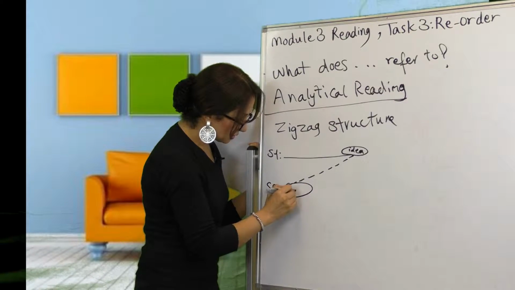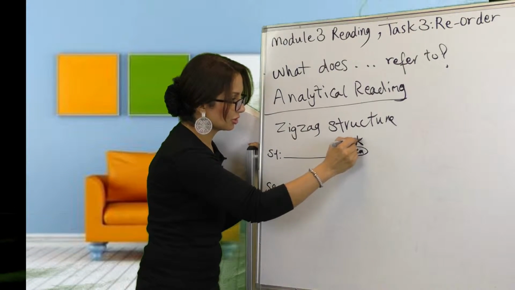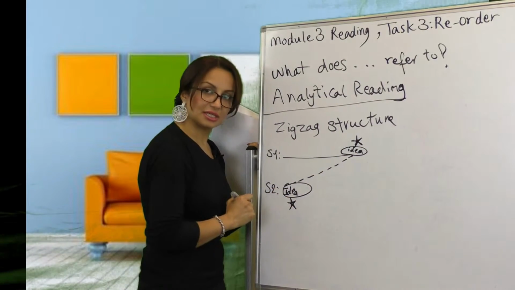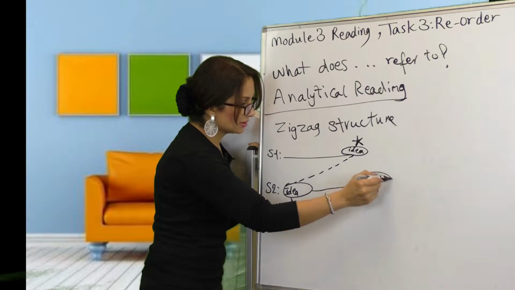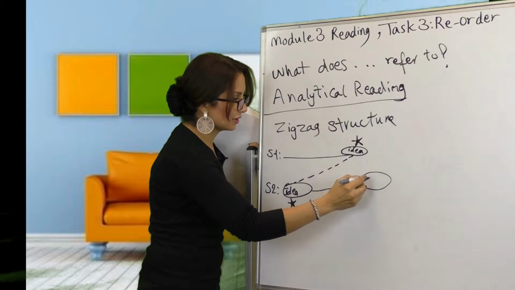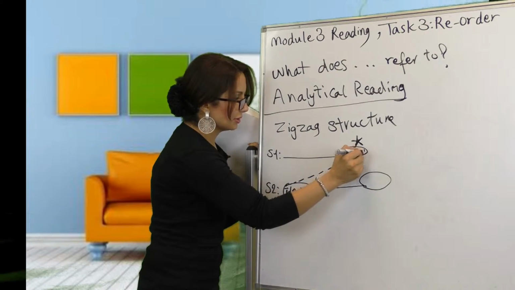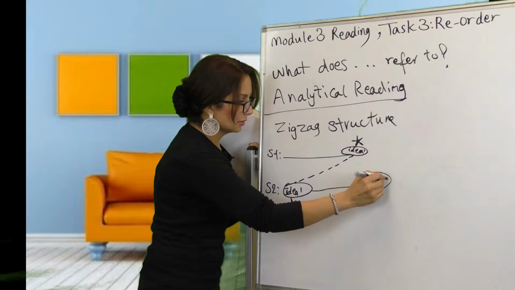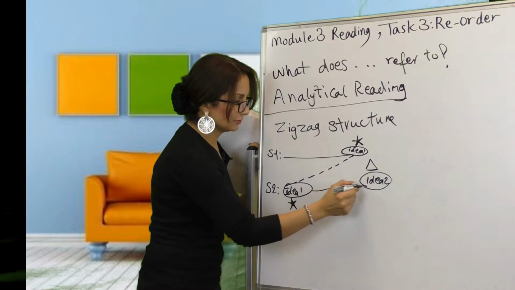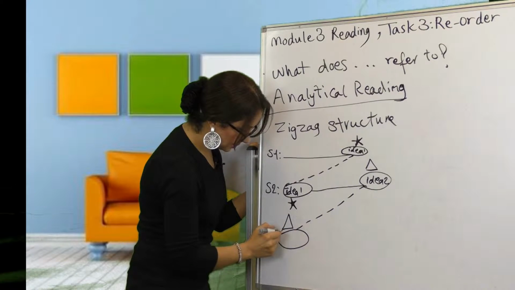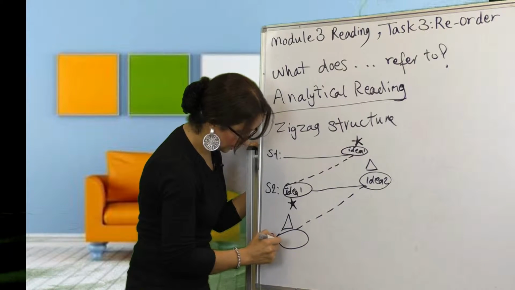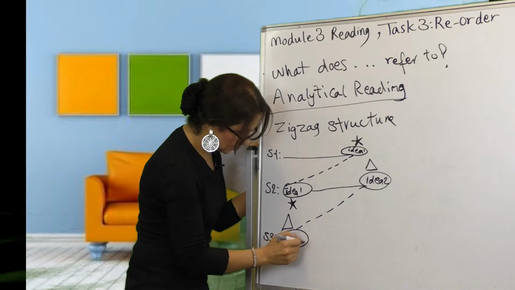Let's say this idea is marked by a star; the same idea is here, and I expand it here and then I create another idea. Let's say this idea is a triangle, and this idea is further explained here in sentence 3. And then the sentence continues.